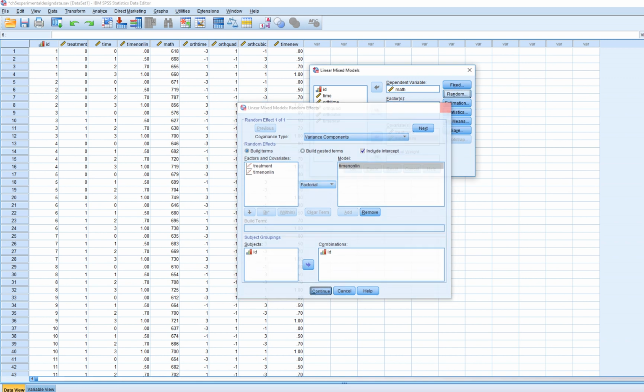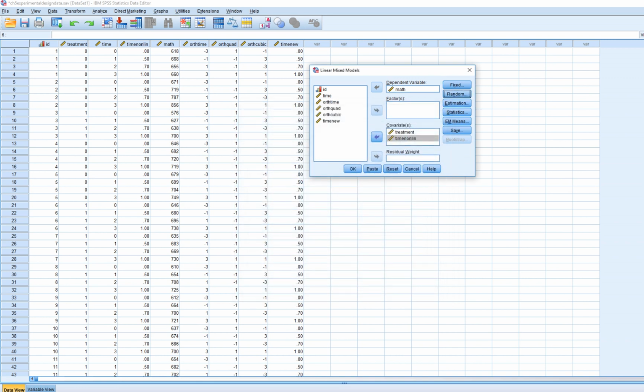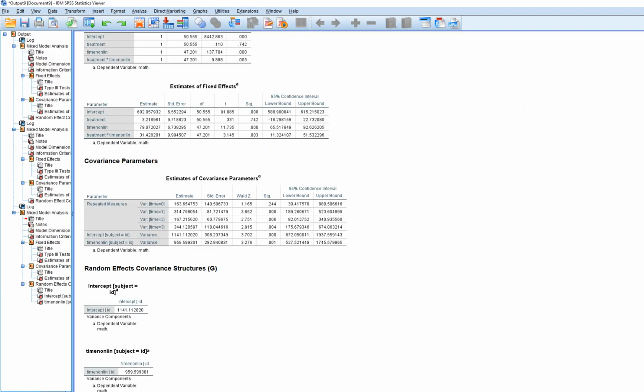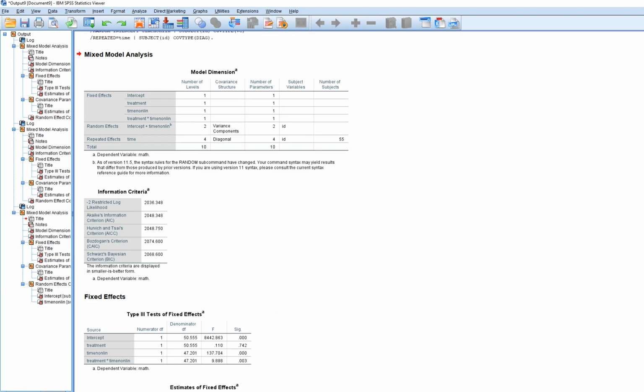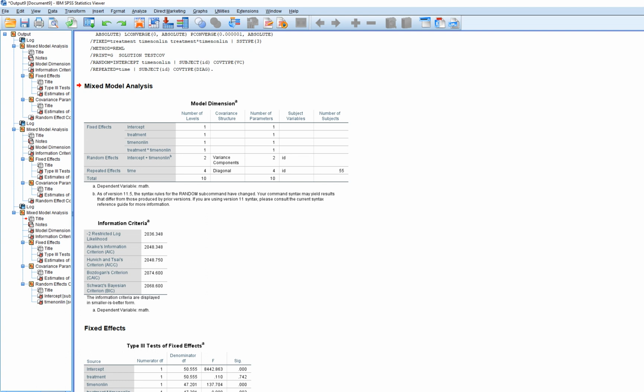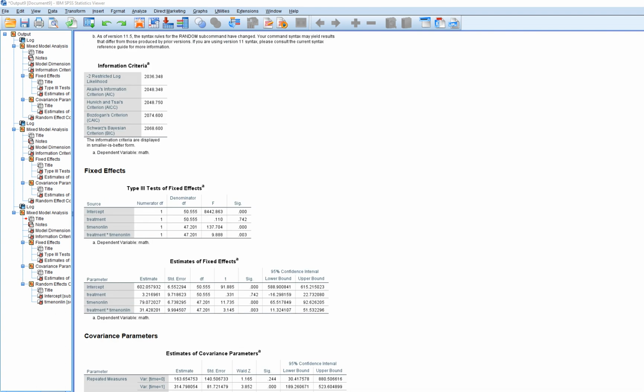When we click on continue, we'll leave all our previous specifications as they were. Click on OK, and now you'll see that we are back down to 10 parameters being estimated in the model, because we're using variance components, estimating the variance for the intercept and the alternate coding of our time variable, but not a covariance. That's why we're down to 10 parameters estimated in this model.